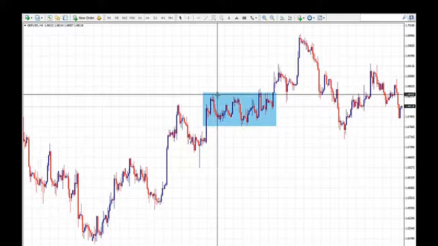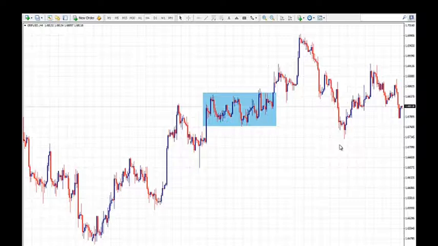Now, this is, let me see, a 75 pip range, which is nice, because in a 75 pip range you can profit from 30 to 45 pips on each trade or on each bounce of support or resistance.